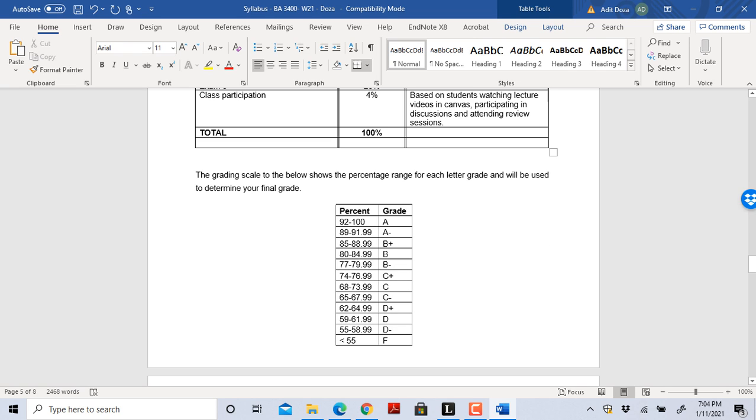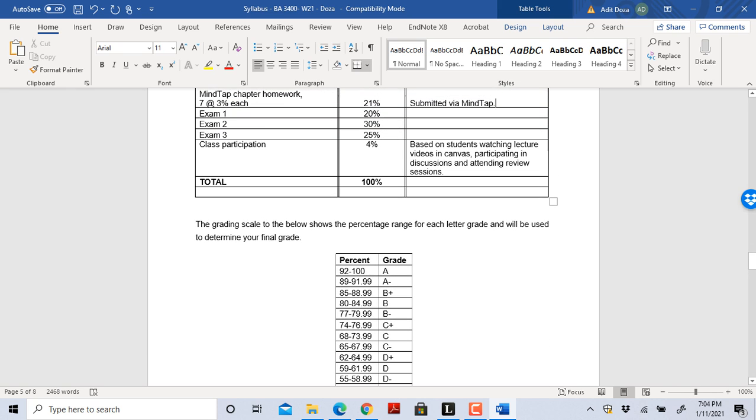In the past I did rounding. So this semester let's see how things happen, because the department wants us to give the grades that you actually have got. But I will try to see if you are participating properly. In some cases I will do rounding. Okay, but I cannot promise.